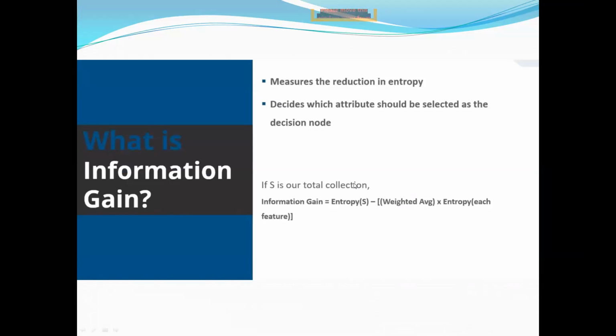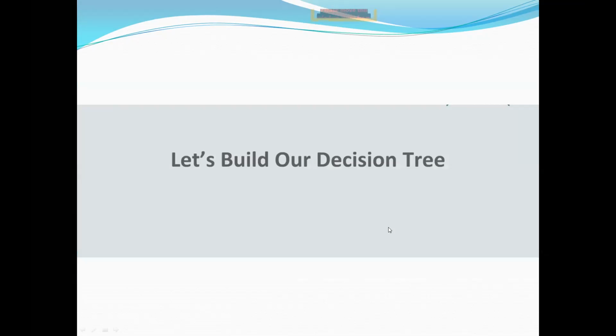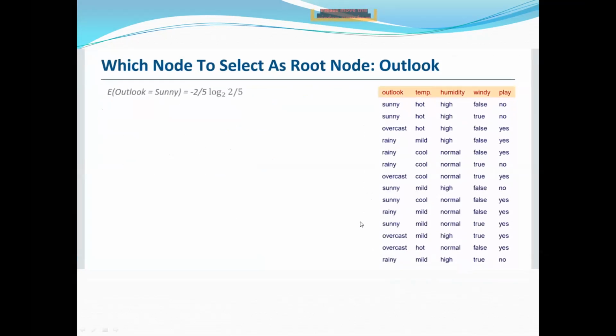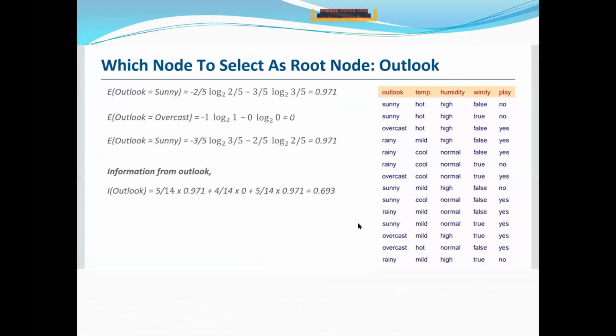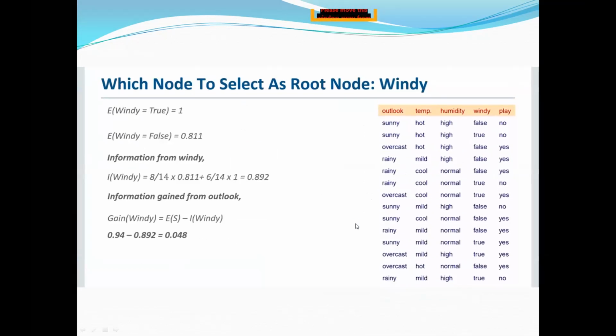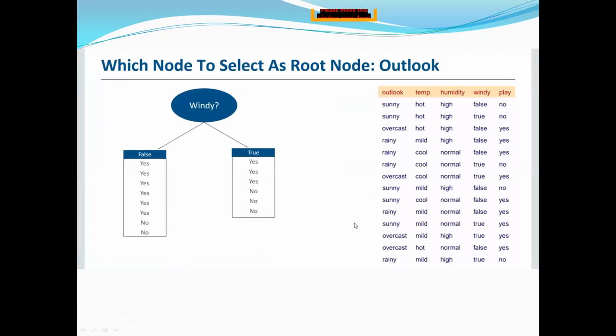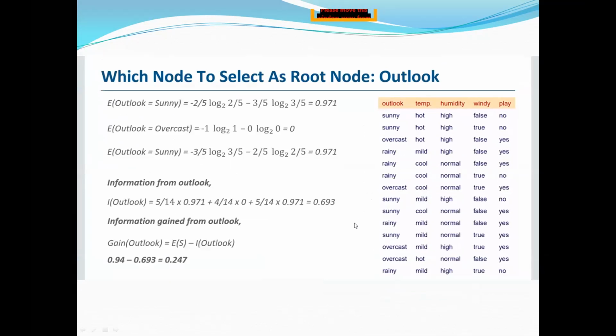This is the information minus the weighted average, which we said just now, times the entropy of each feature. I hope it is easy for you to recollect all those things. Here I calculated the gain of Outlook as 0.247.